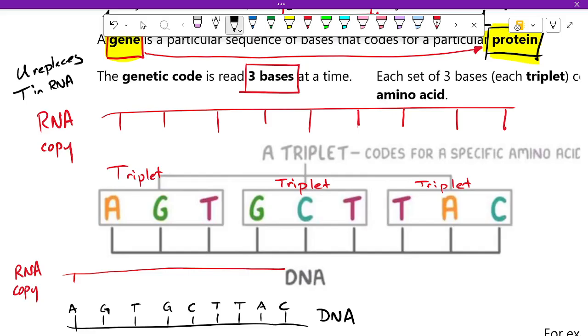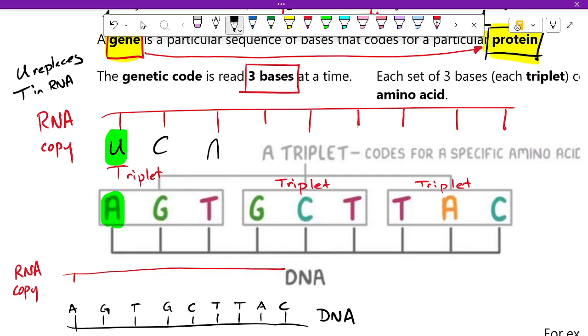So if I've got an A, what goes with the A? It would be a T if it were DNA, but it's not DNA, it's RNA, so it is a U. What goes with G? C. It's still C. What goes with T?